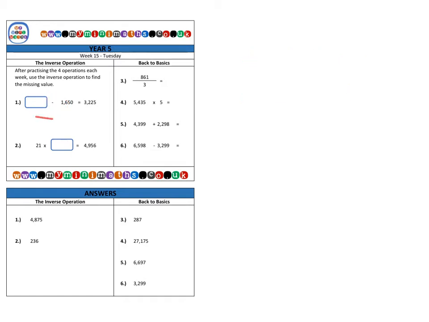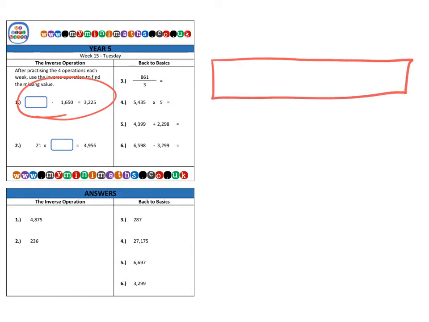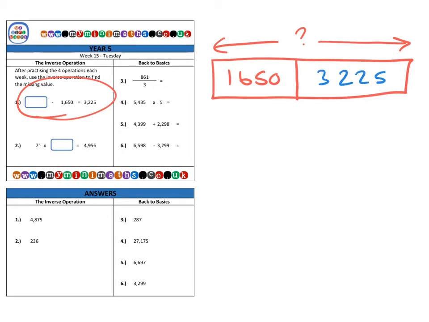So looking at question 1, this time we're going to be trying to find a missing number using subtraction. So if I take my bar, and I know that we don't know what we start with this time, but if I take away or subtract 1650, I know that I am left with 3225.